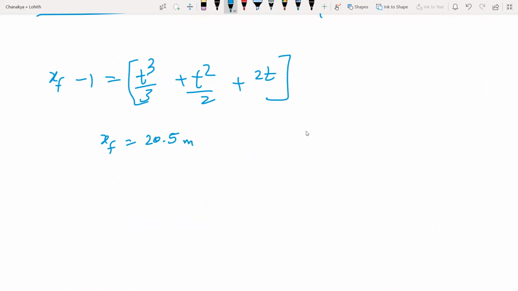Oh, yes, sir. So we have to subtract 1 from it. Exactly. This is x final. We need to subtract the initial. That will be your displacement, which is 19.5 meters. That is your displacement. Got it.